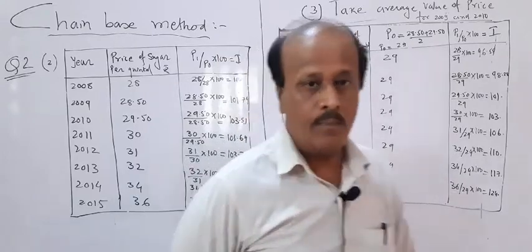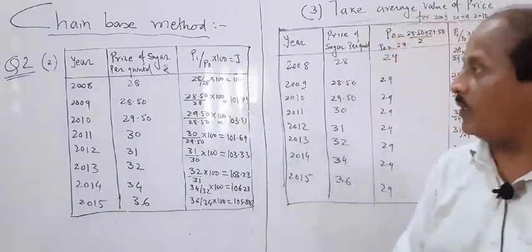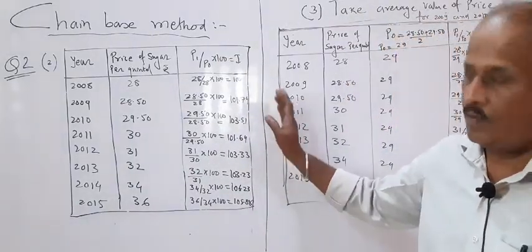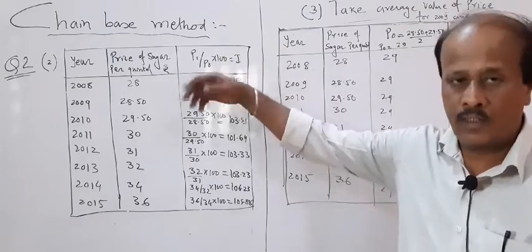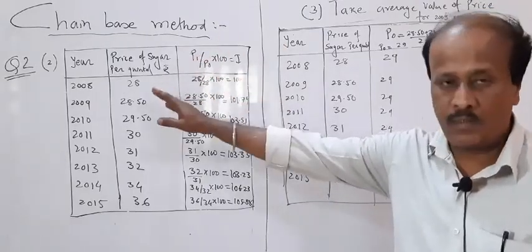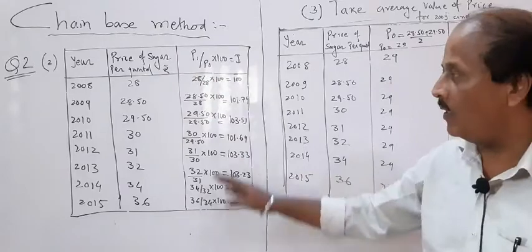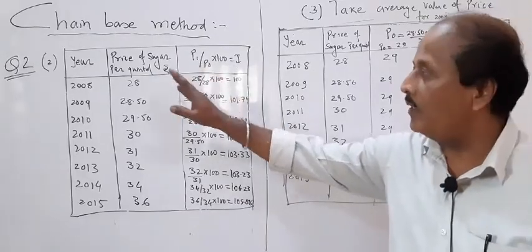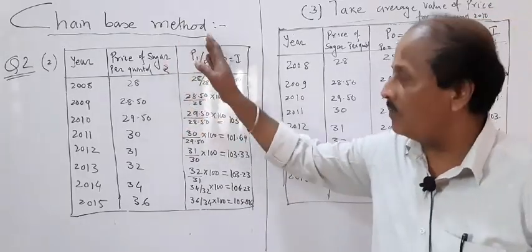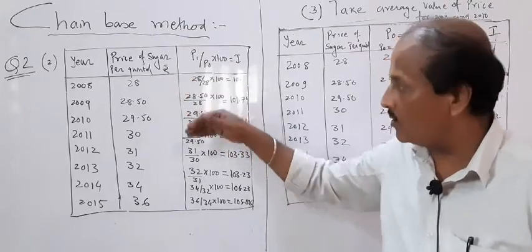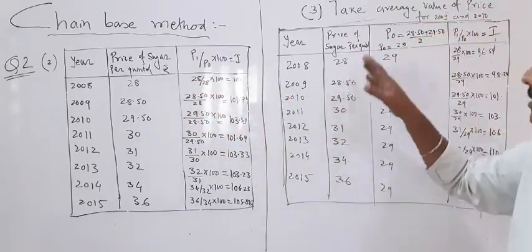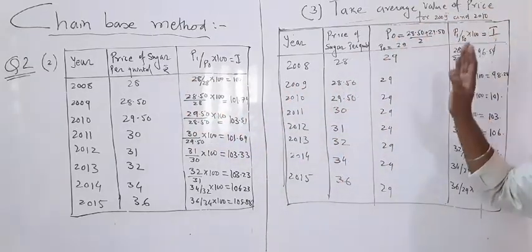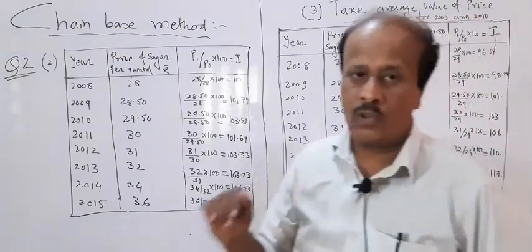So question number 2 I used for 3 purposes. First, the index number for fixed base, which I already told you. Second was the chain base method. Chain base means successive year, and the third was taking the average value of years. So student, this is question number 2.